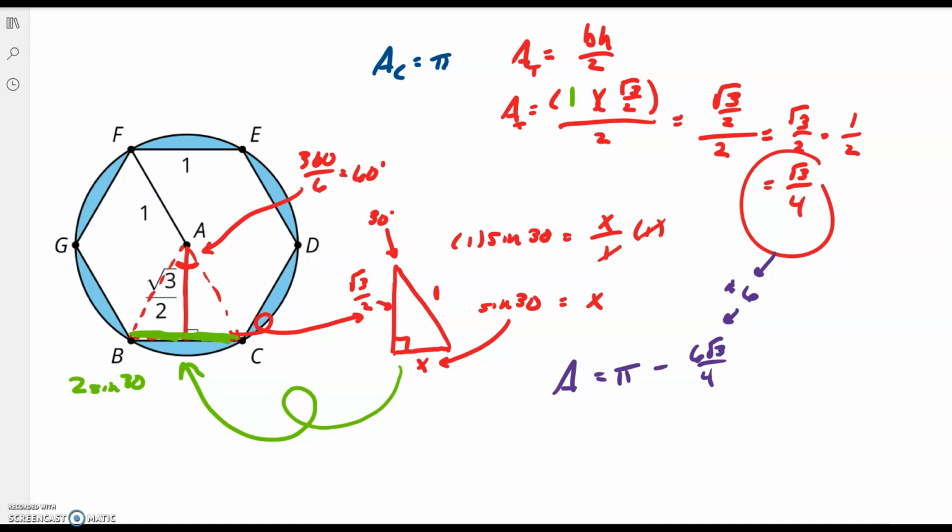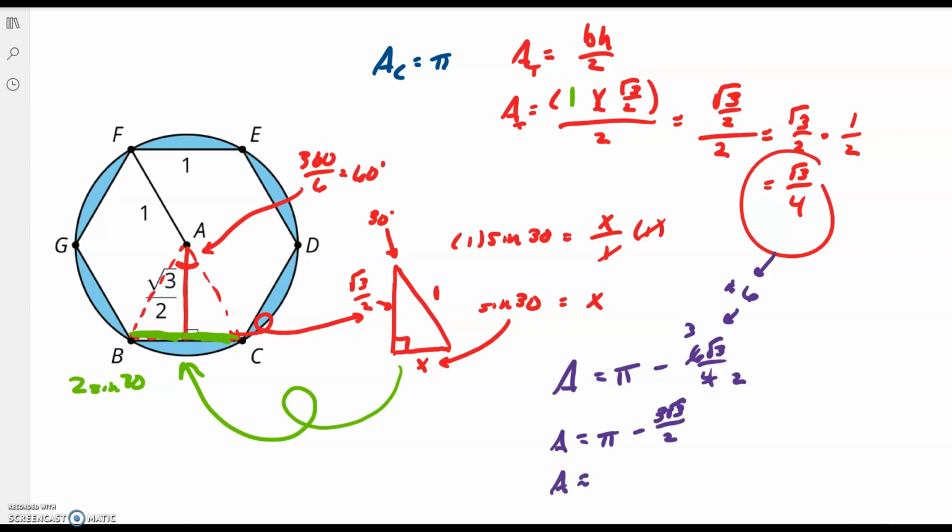Now I can simplify this fraction a little bit. My area is pi minus 6 square roots of 3 over 4, which simplifies to 3 square roots of 3 all over 2. Notice I just canceled the common factor of 2 from the top and bottom, turning that 6 into a 3 and that 4 into a 2. So here is the exact value for the area of my shaded region.